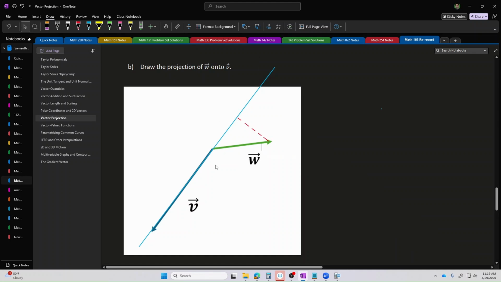A right triangle where the hypotenuse is W. I have this line segment coming perpendicular out of the surface, and then I have this piece parallel to my surface. So this parallel portion, the parallel leg of the triangle, is what the projection is producing. The projection in this case of W onto the vector V.